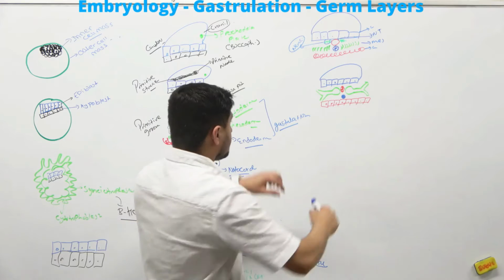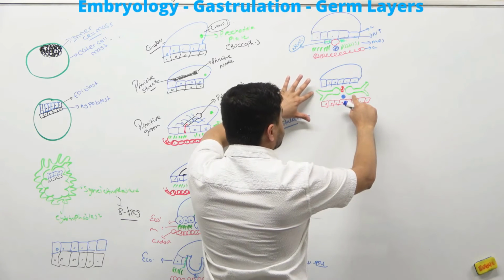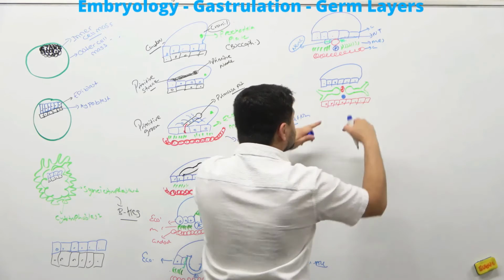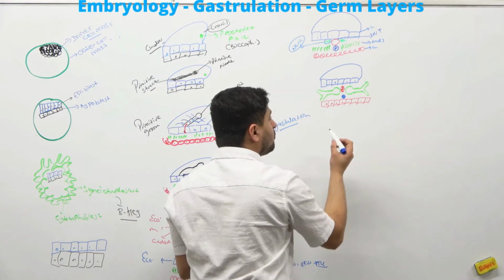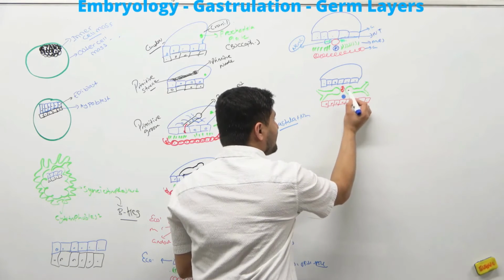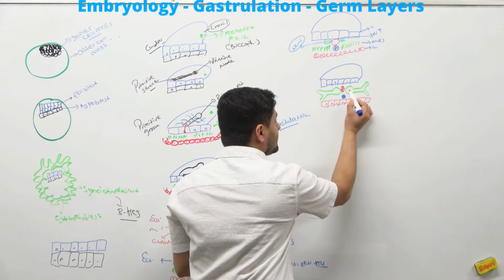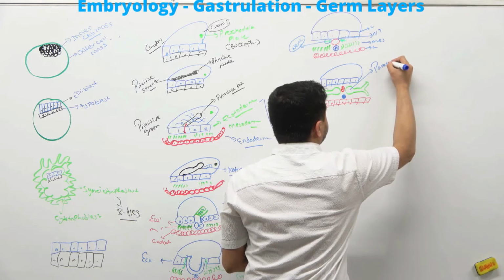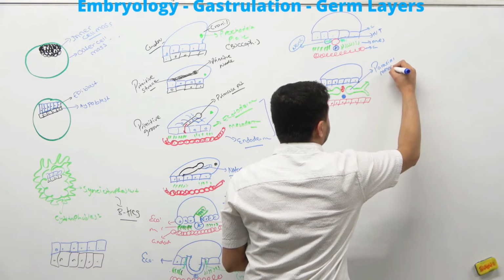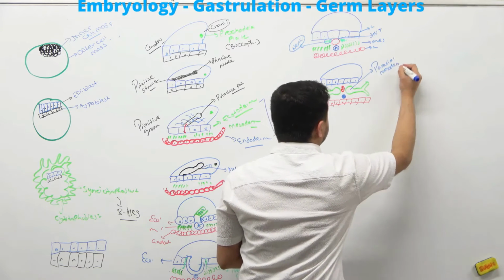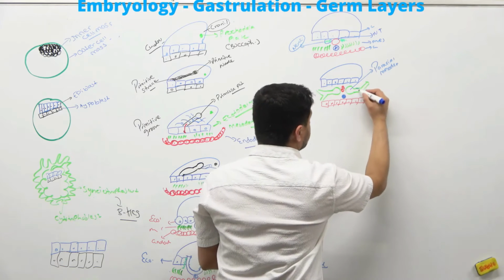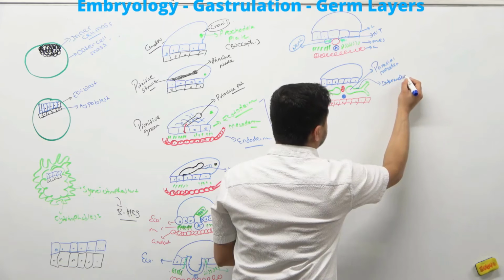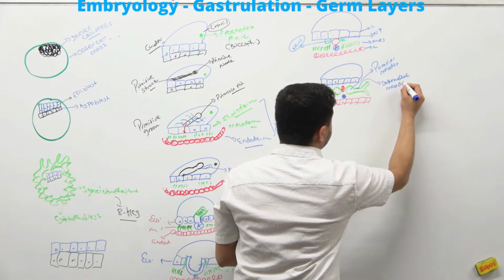And you have this red right here, which is your neural tube. Now, this green is basically your mesoderm, between the ectoderm and endoderm. This mesoderm goes through internal morphogenesis, and right next to this neural tube, we give it a different name. This is called your paraxial mesoderm. And then this middle layer we call the intermediate mesoderm.